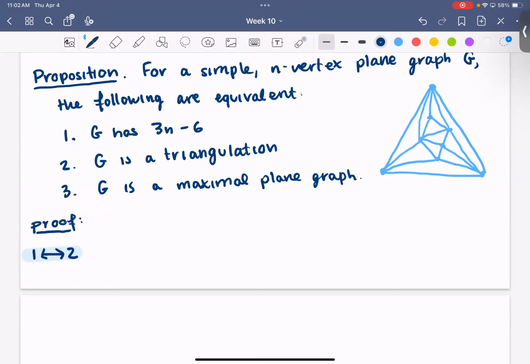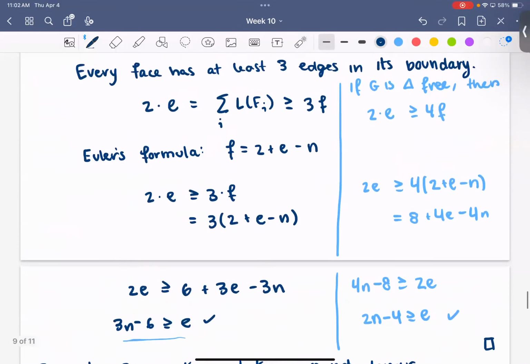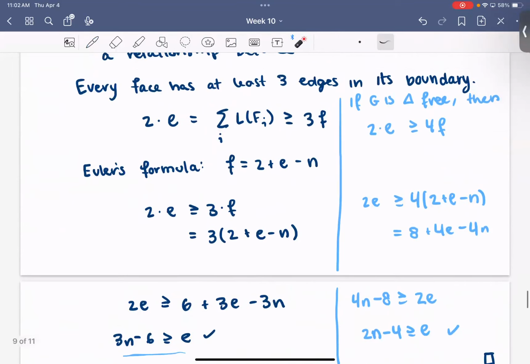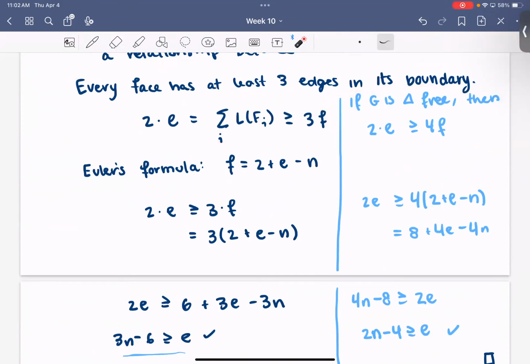Yeah, for the inequality we have above, the equality is if and only if we only have triangular faces. Yeah, exactly. So going back to this part of the previous proof, this thing is gonna be an equality only when this is an equality.